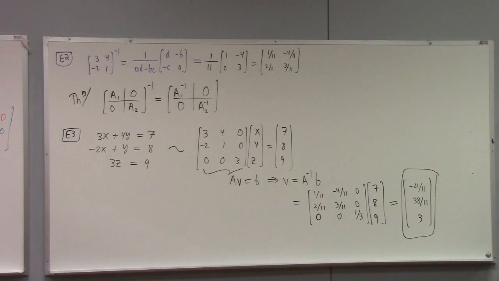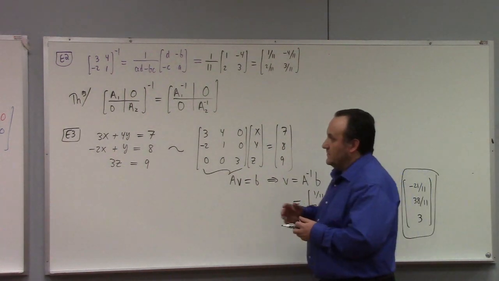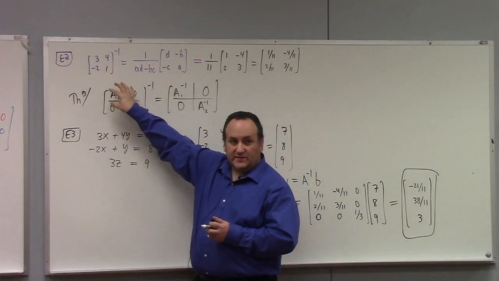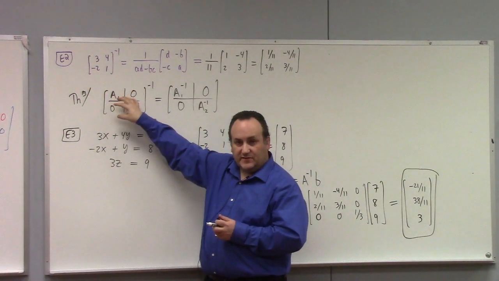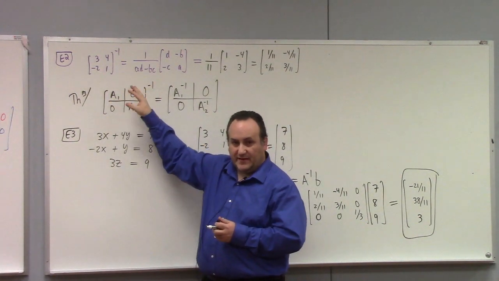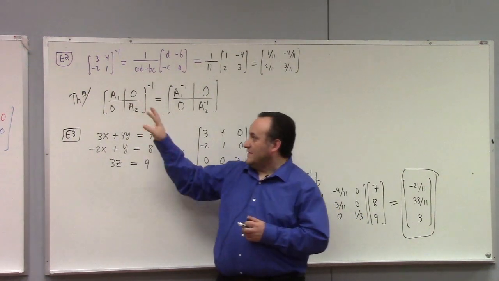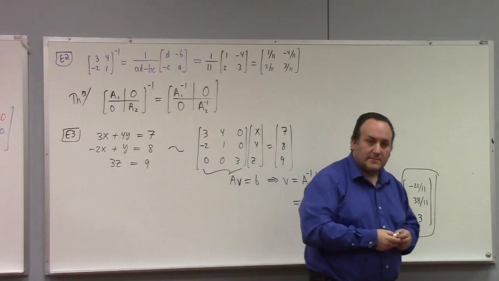And furthermore, if you're dealing with systems with lots and lots of variables, and you have a coefficient matrix which has big chunks of 0 in it, then that can make particular strategies that respect these zeros go way, way faster. So a matrix which has lots and lots of zeros is called sparse. All right.